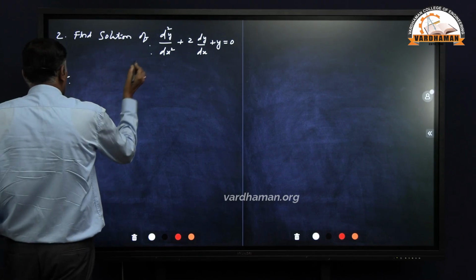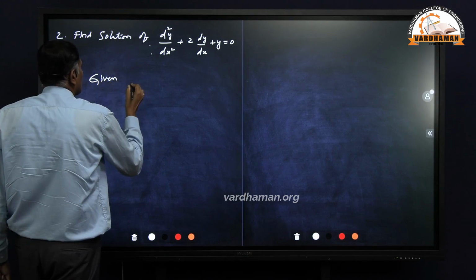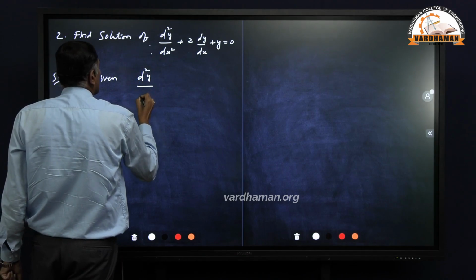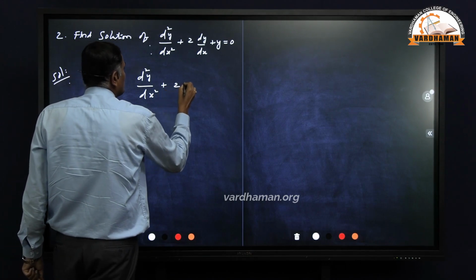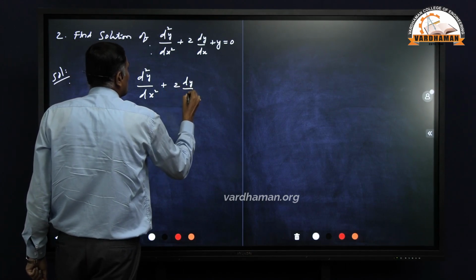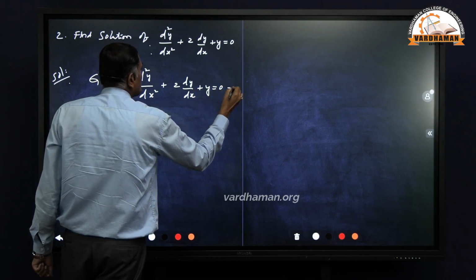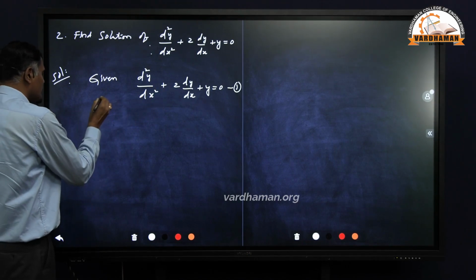So let us write the given differential equation. Given DE is d square y by dx square plus twice dy by dx plus y equals 0. Let us write this in operator form.